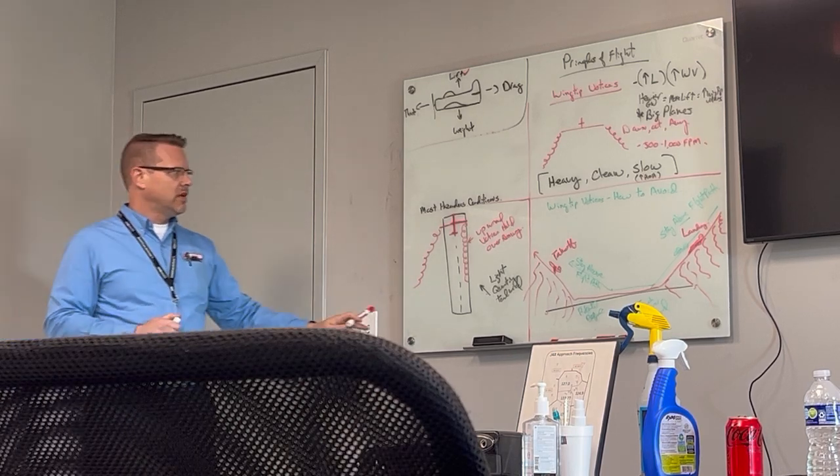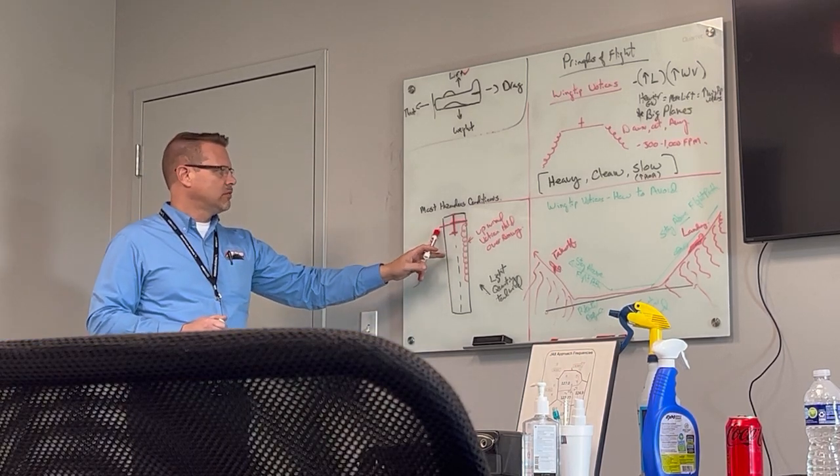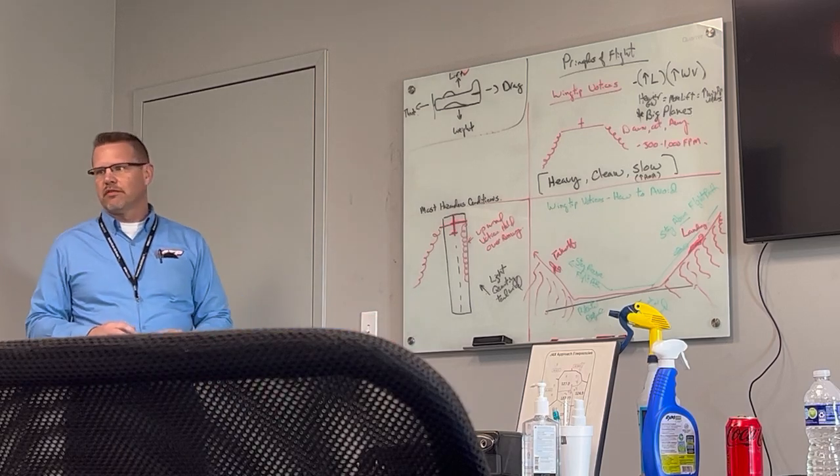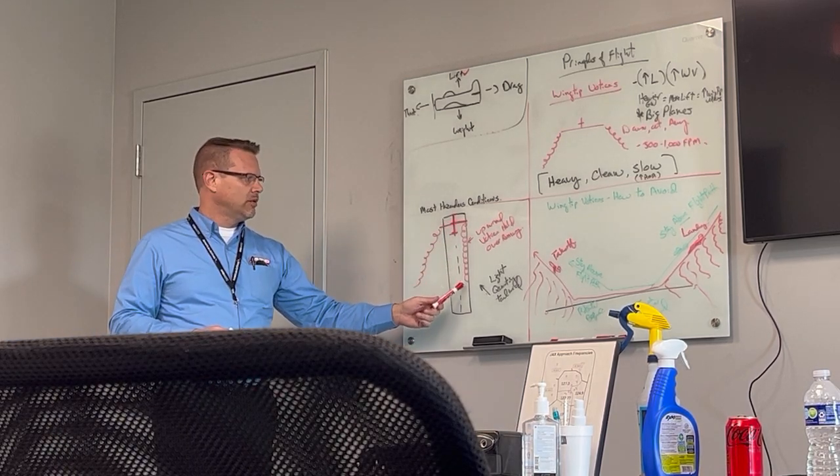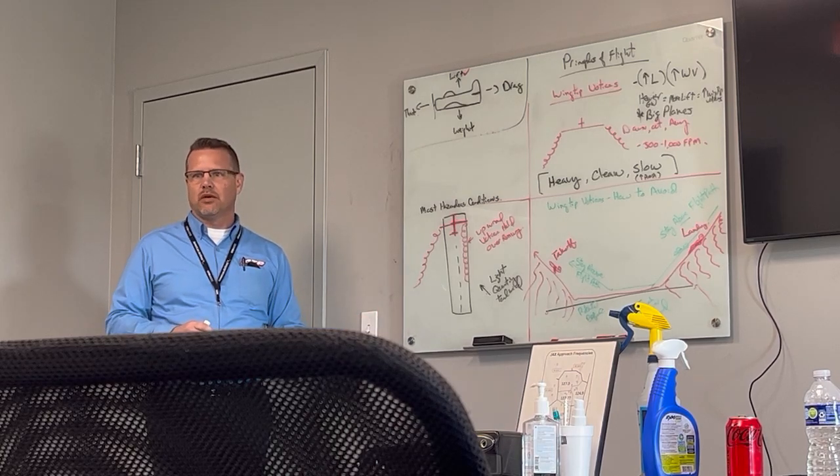Fortunately, with a light quartering tailwind, it will blow the downwind wingtip vortice further away from the runway, but the upwind vortice will be held over the runway the entire time by that light quartering tailwind.